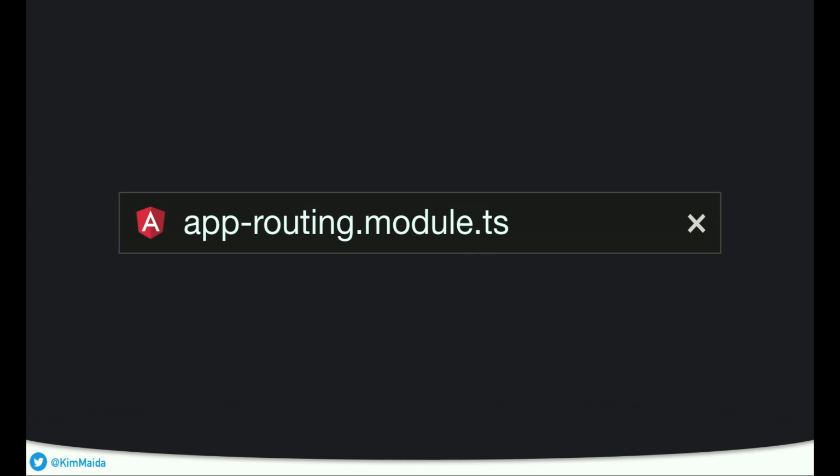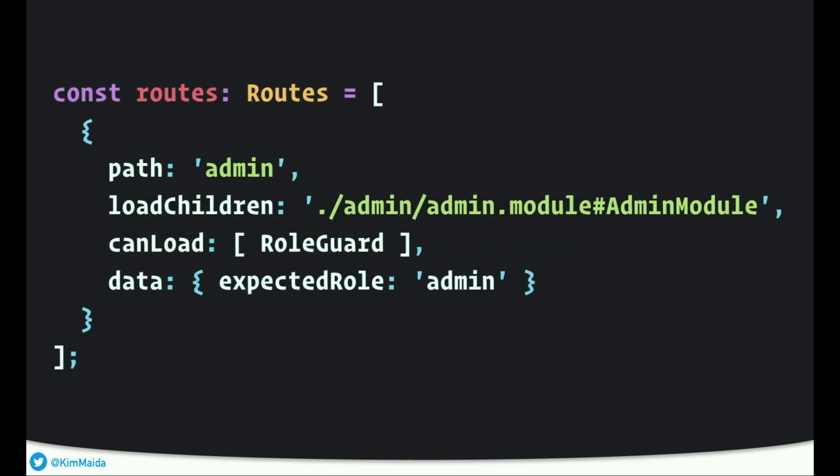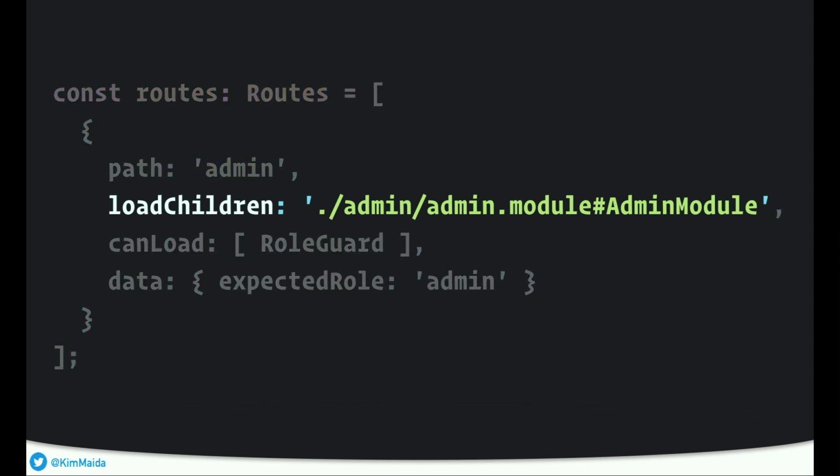So in our app routing module, when we set up our routes here, and I'm using the admin module example, we can lazy load a routed module. And as you saw in the keynote, the syntax for this is going to change in Angular 8, but it looks like it will migrate it for you, which is awesome. But that's going to move to imports. In any case, we can add a CanLoad route guard.